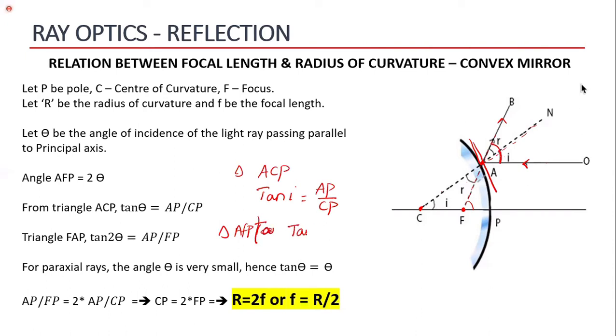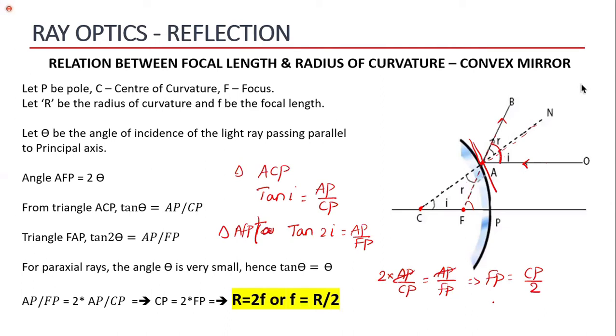Tan 2I is equal to AP by FP. Similarly, tan I is AP by CP, and tan 2I equals AP by FP. AP gets cancelled. From that, FP is equal to CP by 2.